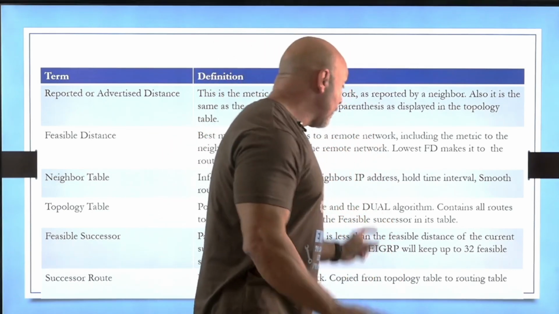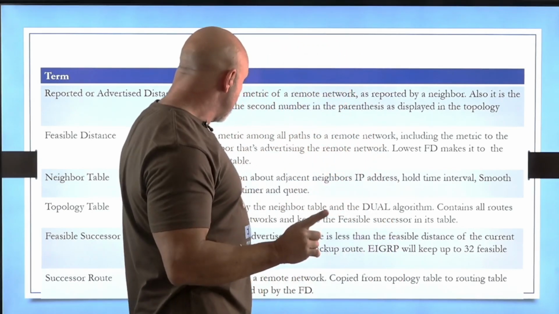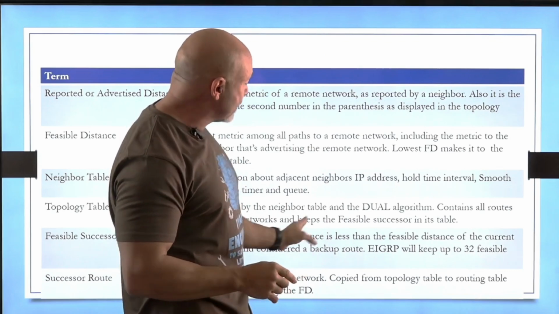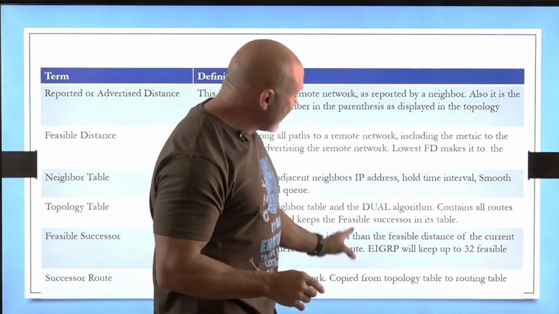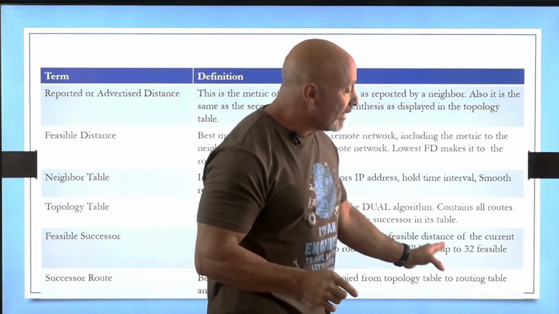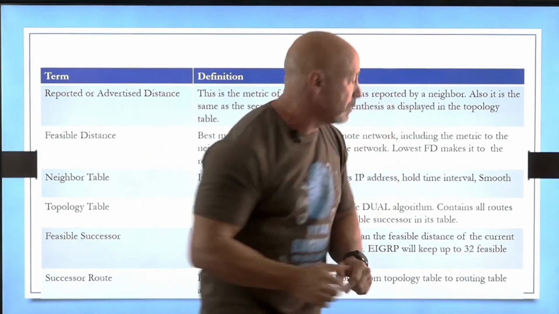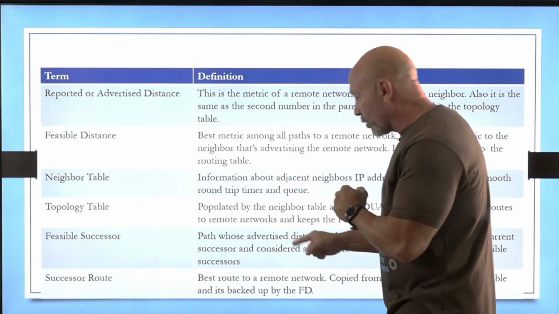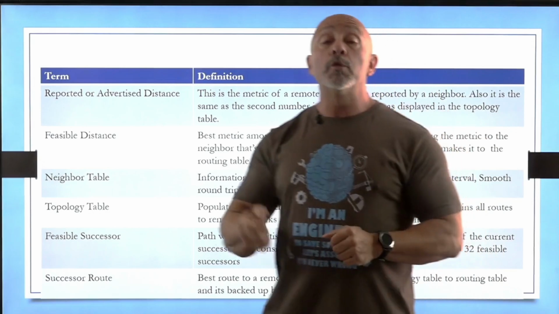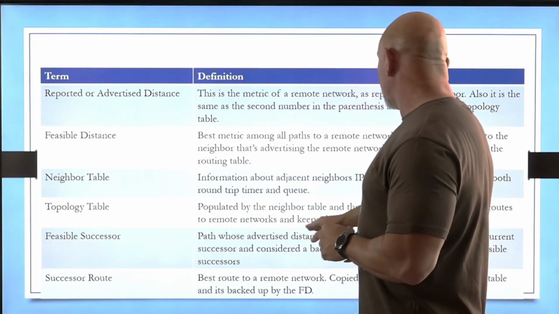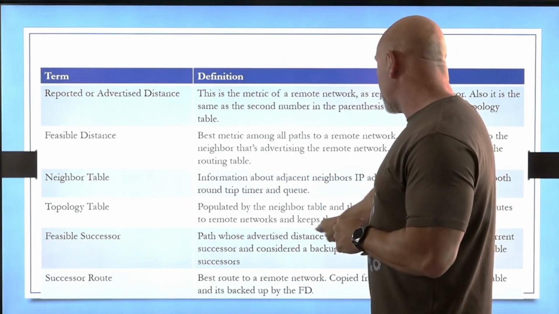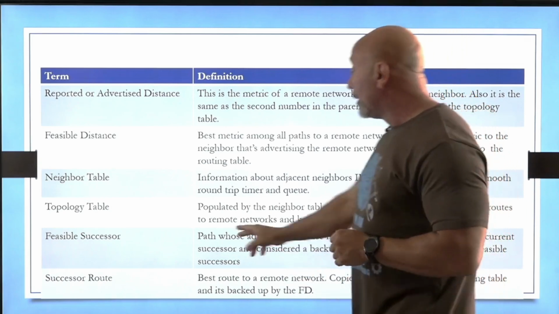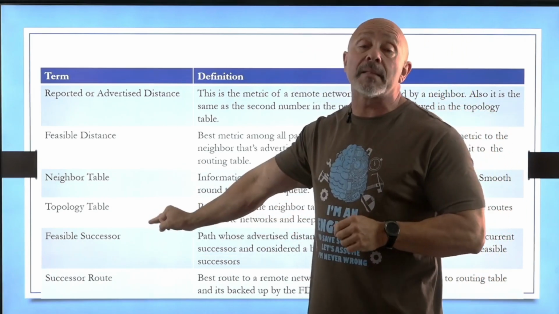But what you need to pay attention to is this first sentence: path whose advertised distance is less than the feasible distance of the current successor. So that's the guy basically in second place.